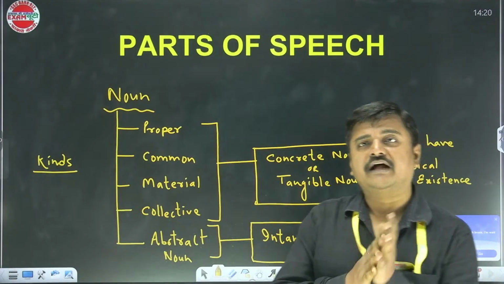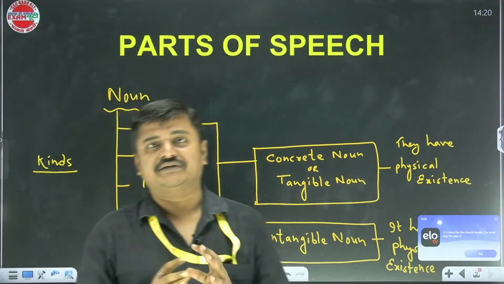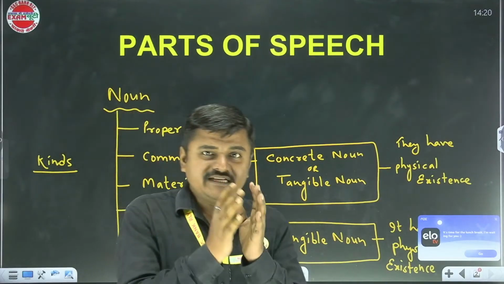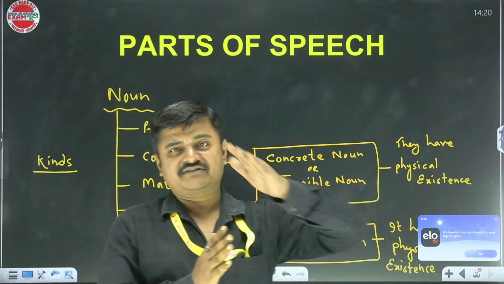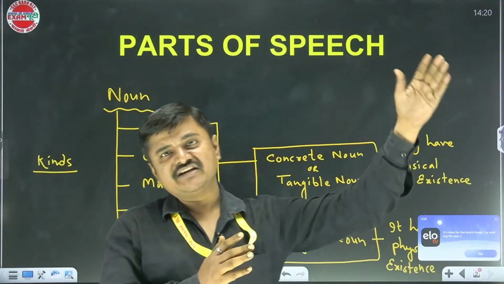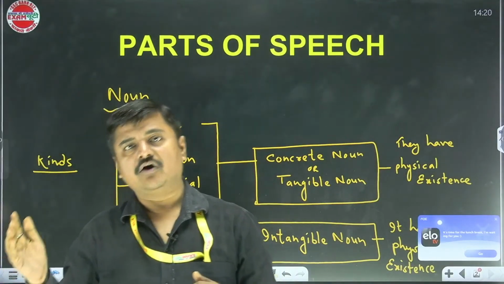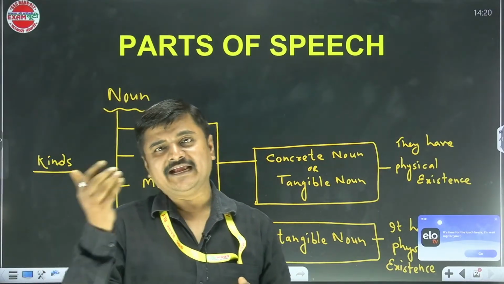So now I believe you have a very clear picture of what these two categories actually are. The first one is concrete noun or tangible noun, and the second category is abstract noun, or you may call it intangible noun.